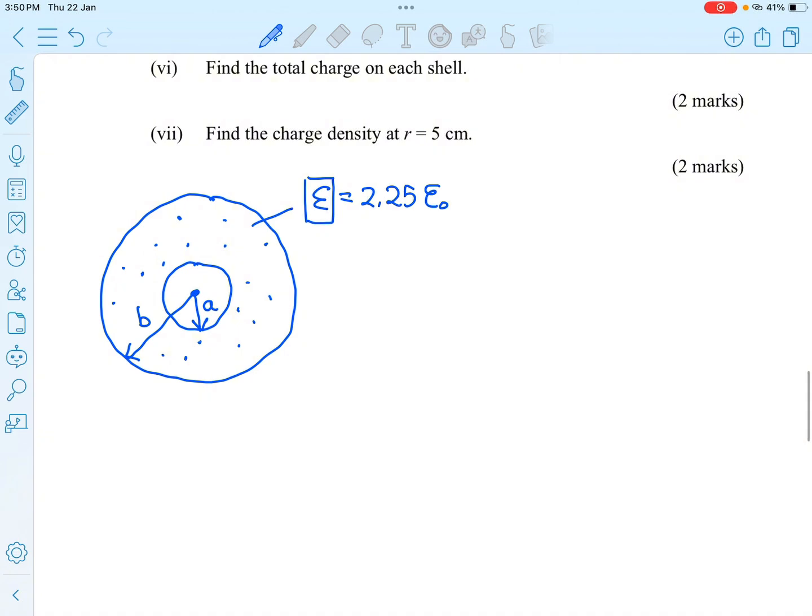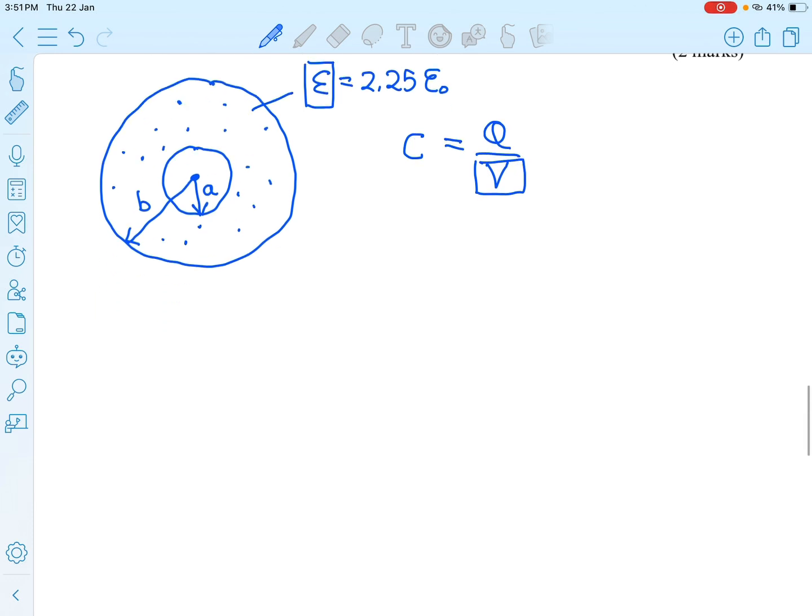To come up with the equations, the first thing that should appear in your mind is this equation. This is the general equation for capacitors, no matter whether it is parallel plate, coaxial or spherical. Our task is to find this V and then put the V into this equation to get the capacitance equation. In order to get this, we need to find out what E is, because V is equal to the integral of E dl.